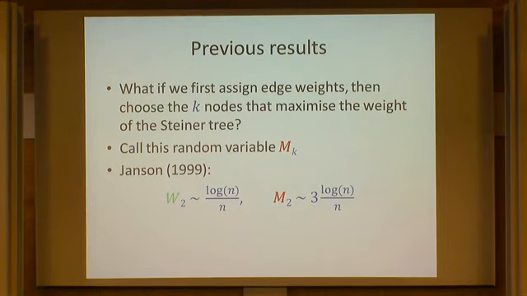And you can ask what's the typical shortest path or what's the worst case shortest path between the two furthest nodes in the random graph. And these two problems were looked at by Svante, who showed that in the typical case it's log n over n, and in the worst case it's 3 log n over n. So similarly, we want to do the worst case for the k-Steiner tree.